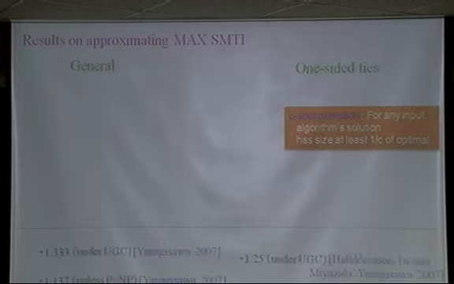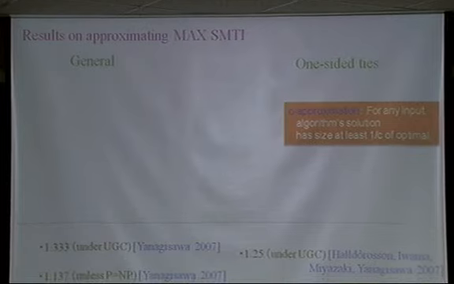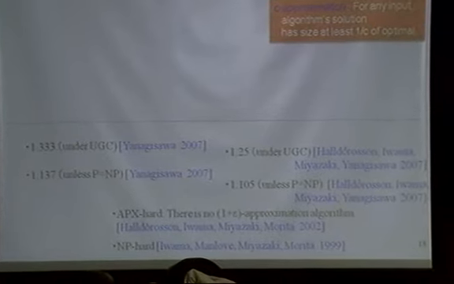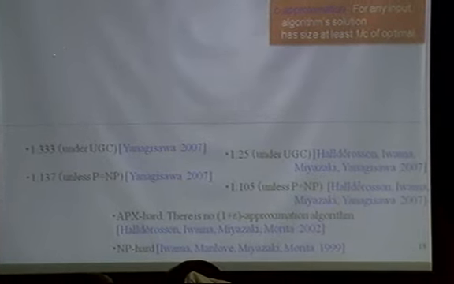And the current best lower bounds are like this. If we assume P not equal to NP, these are lower bounds. And if we assume the unique games conjecture, these are lower bounds. And I'm sorry, these are general result lower bounds for general max SMTI.